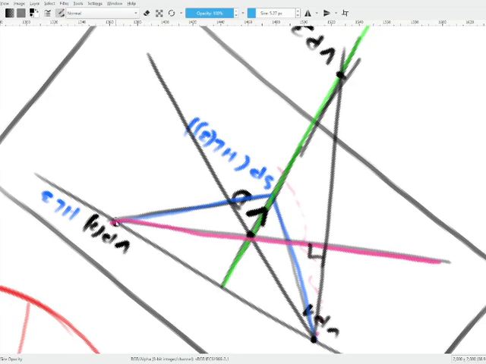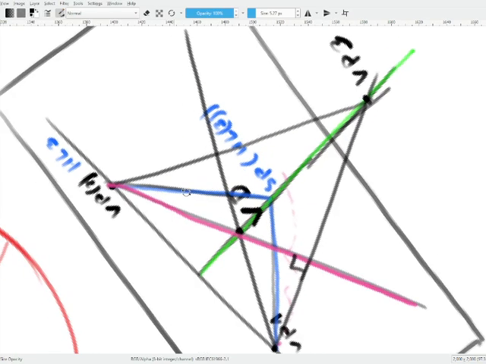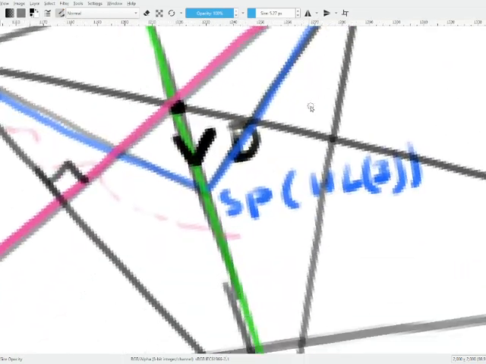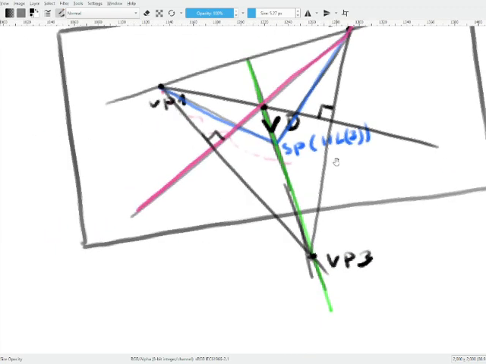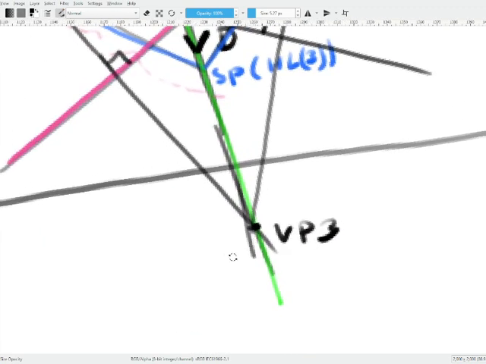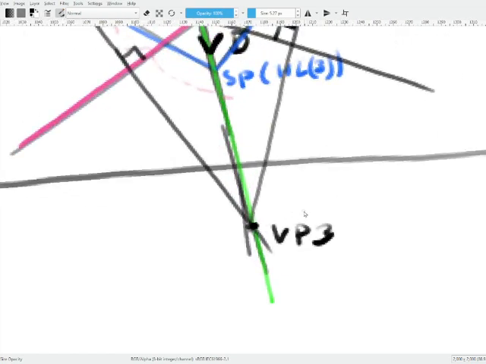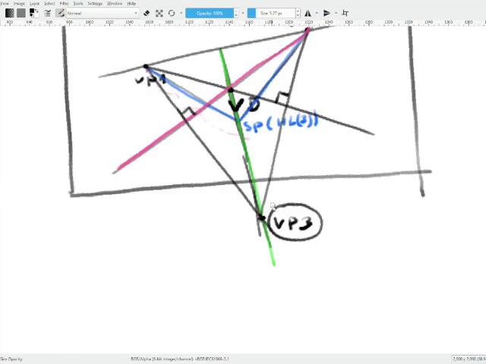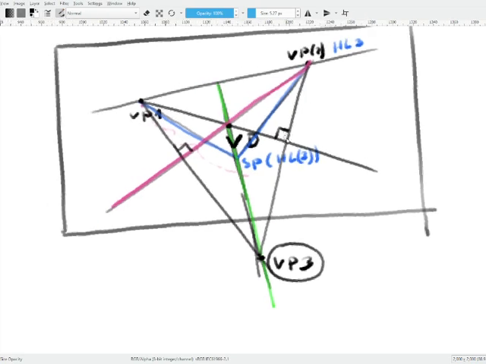We can do the same construction for this side. And if you are doing everything perfectly, if you draw another right angle, then we will get the same vanishing point 3. But of course there could be some margins of error.